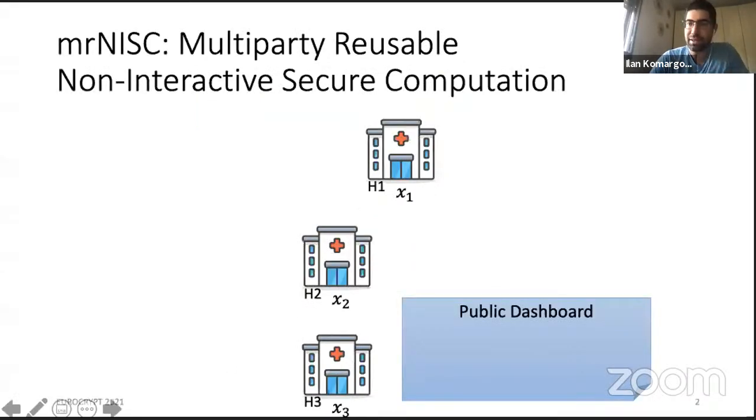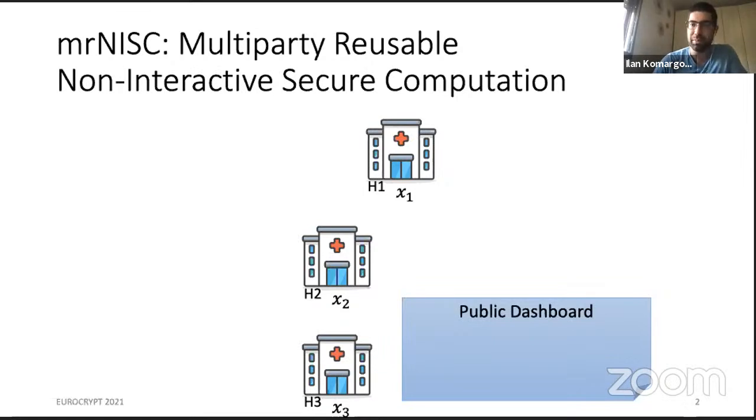So the motivating scenario for our talk is a strong version of standard secure computation. Imagine the following setting. There are 3 hospitals, each having their own private database. Hospital number 1 has X1, hospital number 2 has X2, and hospital number 3 has X3.